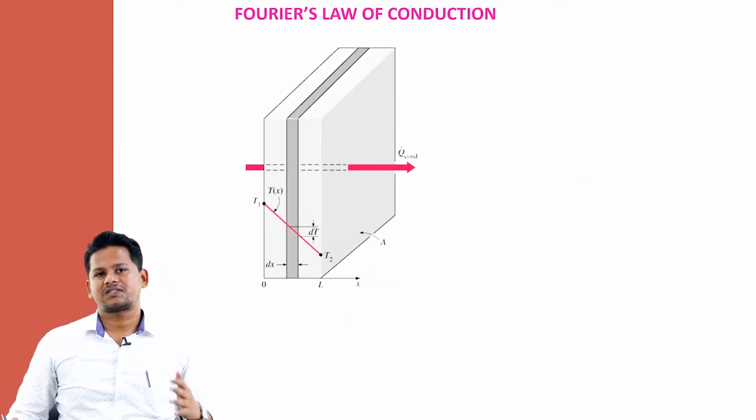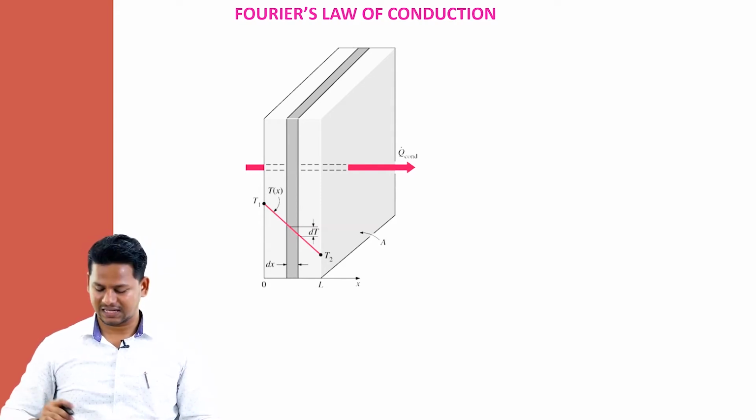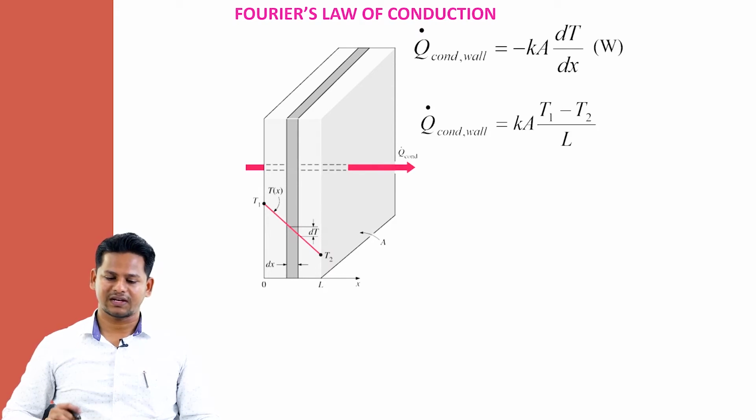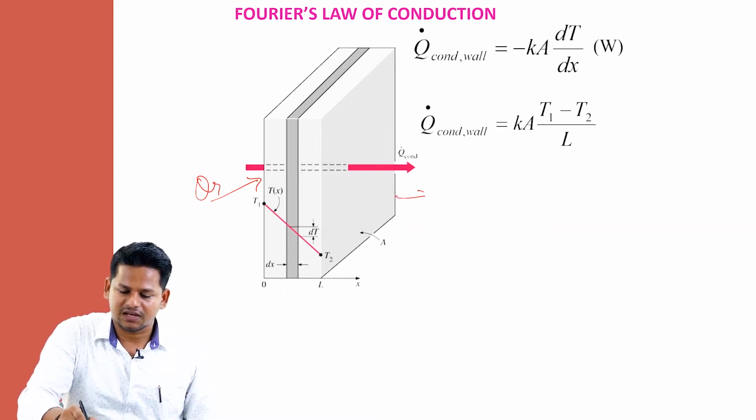So in previous class already we have discussed about Fourier's law of heat conduction, where the great legend Fourier suggested an equation which is called Fourier law of heat conduction. So already you see here heat is supplied here, and we want to reject the same heat here.